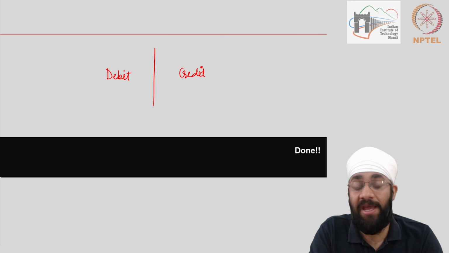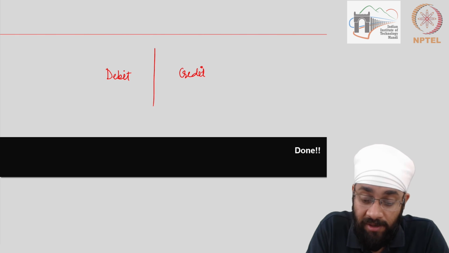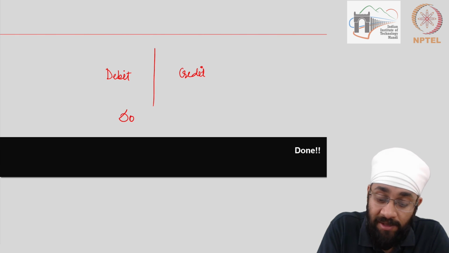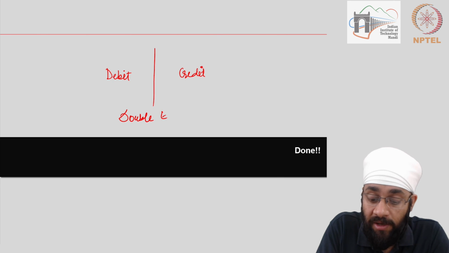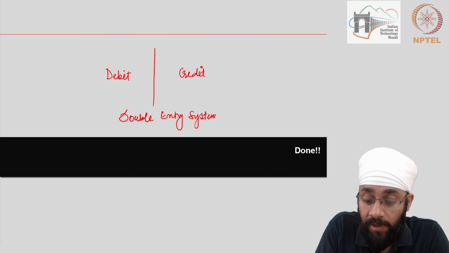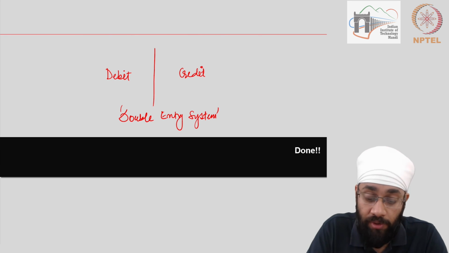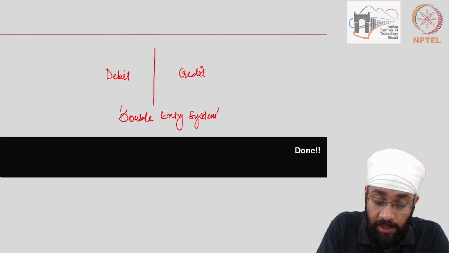Understand that debit and credit are two sides of the same coin, and this is the basis of the double entry system that we are learning. We are into the building blocks. So debit and credit make an important component of the double entry system.